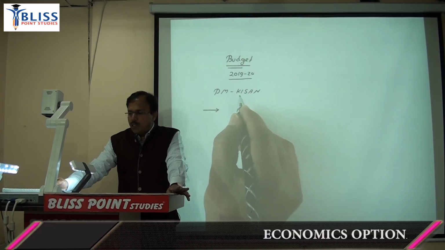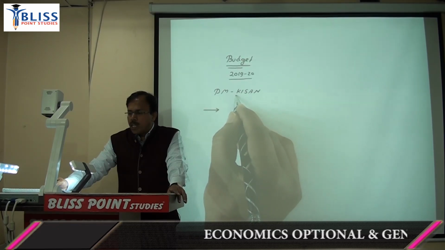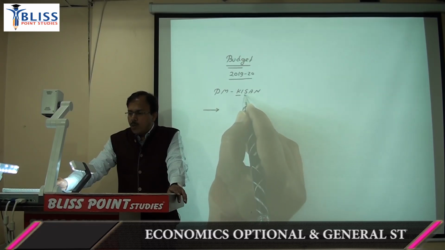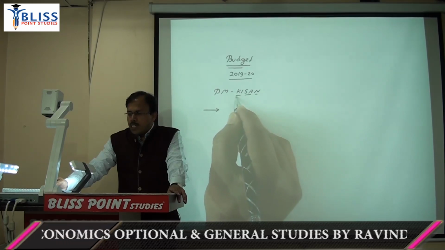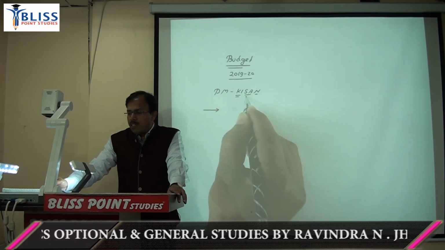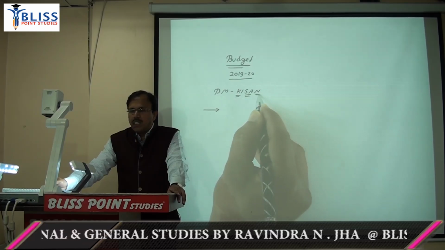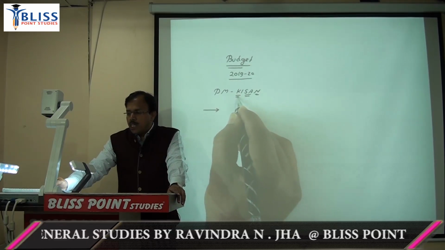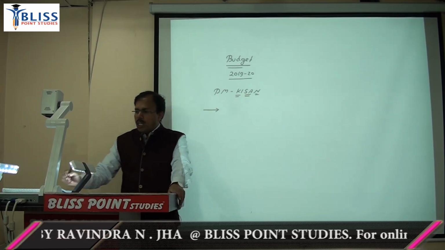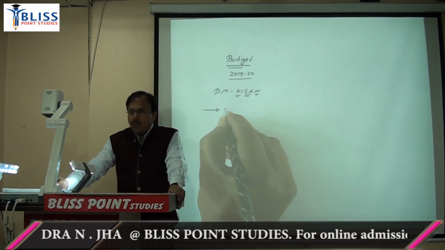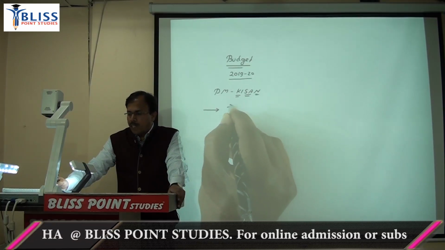Just to begin with, if it is PM Kisan Yojana, then what is the full form of that Kisan? It is KI for Kisan Samman Nidhi. So it is basically Kisan Samman Nidhi. Abbreviation is basically Kisan. So in that Kisan Yojana, what were the salient features or major facts?